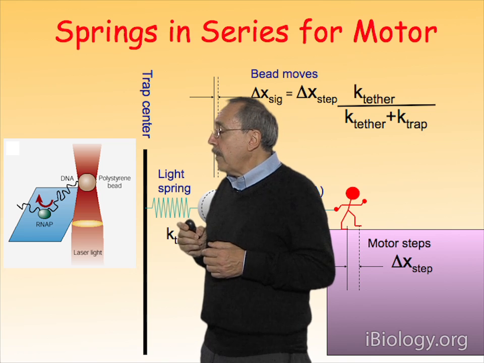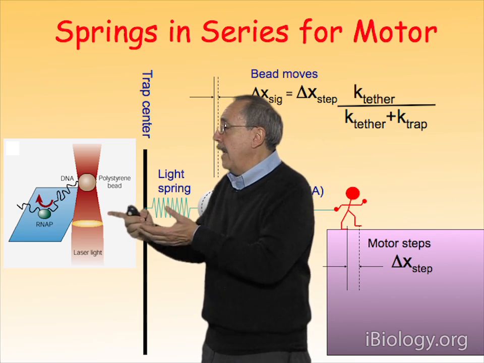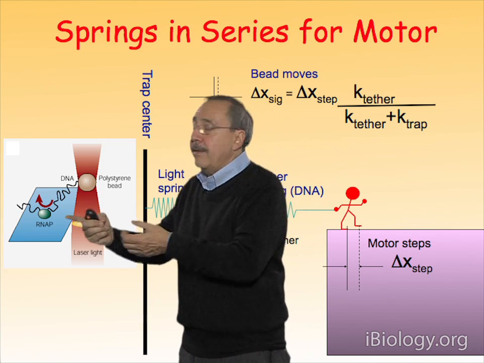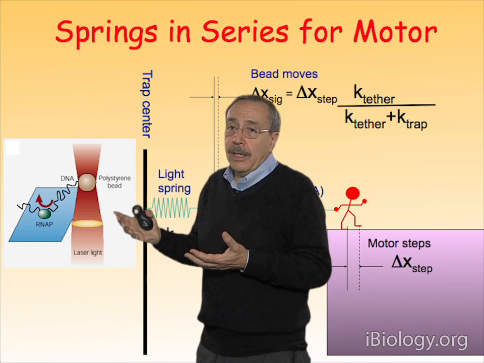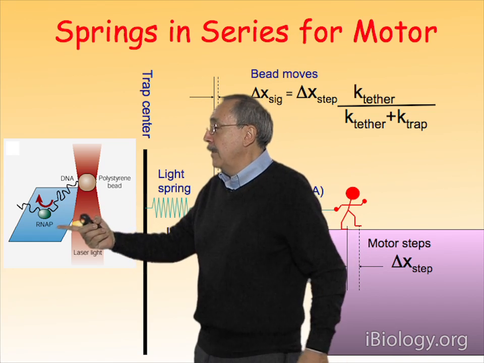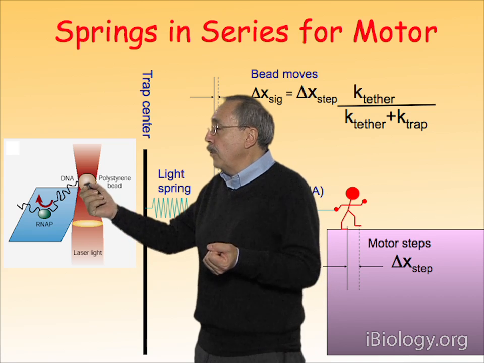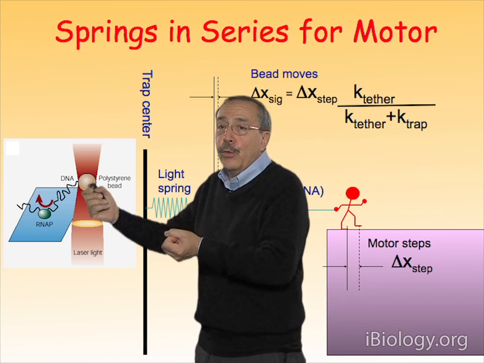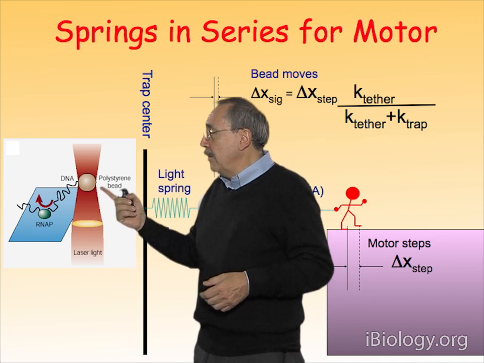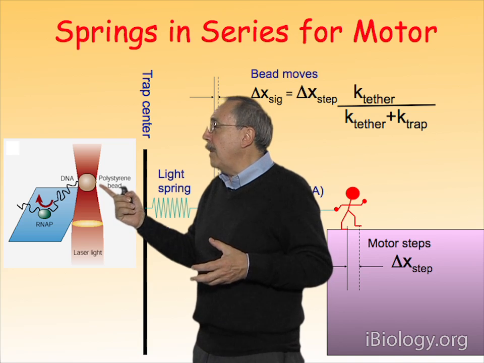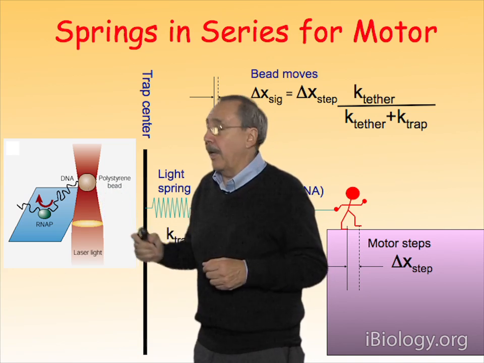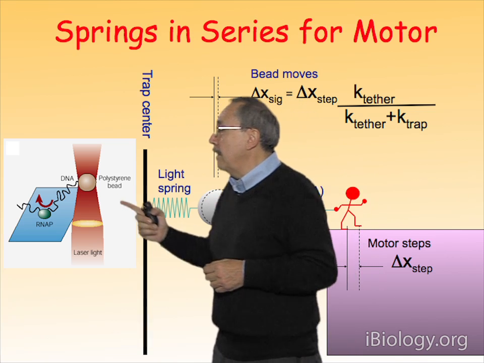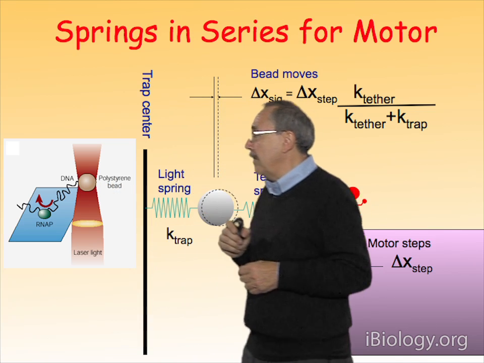So when you add NTPs, the RNA polymerase is going to try to walk over the DNA, but it cannot walk on the DNA because it's attached by its back to a surface. So what it's going to do is pull the DNA through itself, and in so doing, it's going to pull the bead out of the center of the trap by an amount delta x, right? Okay. So what we want to calculate is what is that delta x that we see in this case.